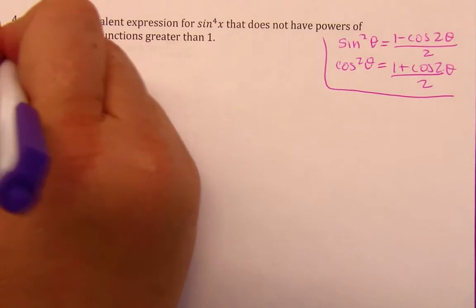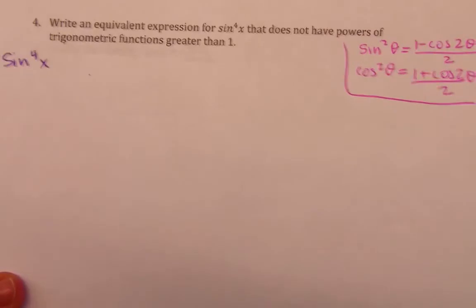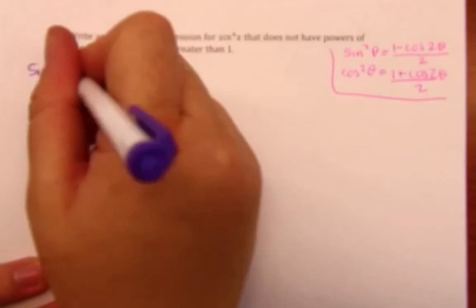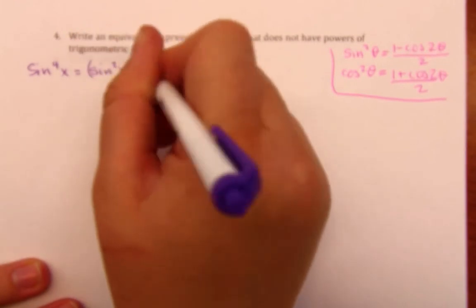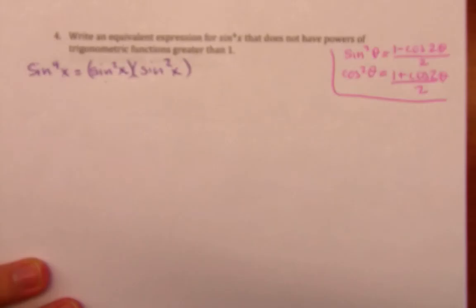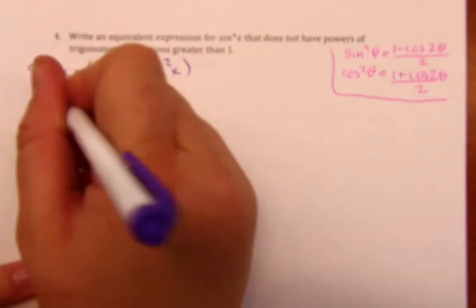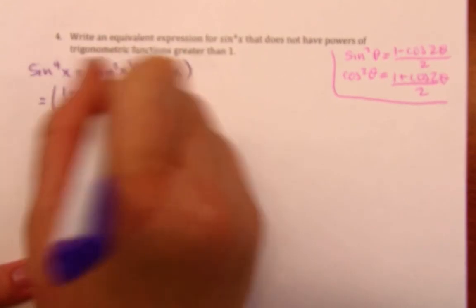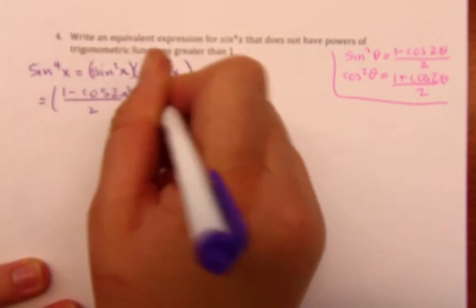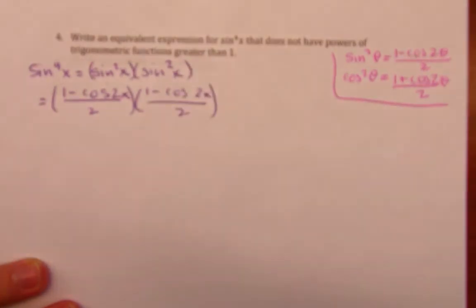Now we have sine to the 4th power x, and I'm going to actually rewrite that as sine squared x times sine squared x. And then I can replace those with 1 minus cosine 2x over 2 and 1 minus cosine 2x over 2.